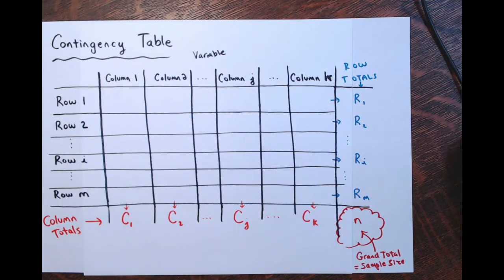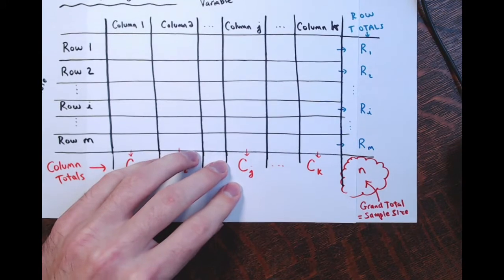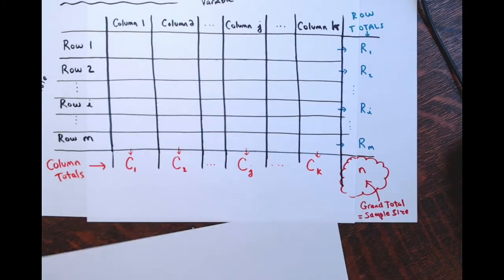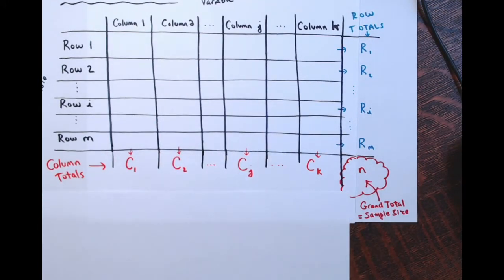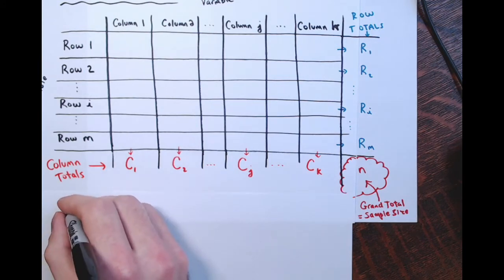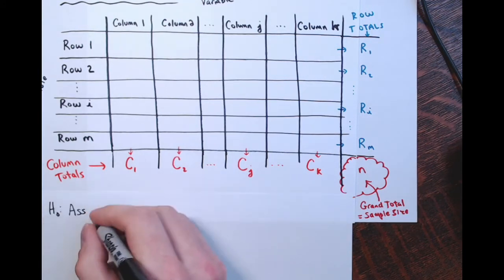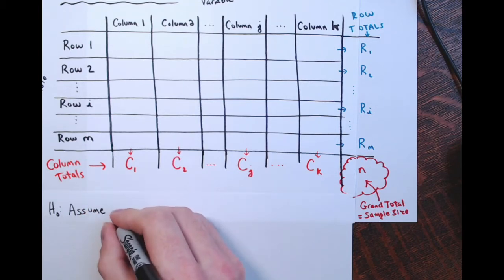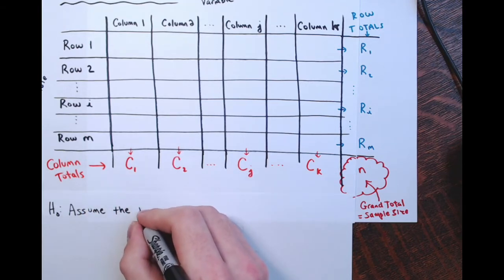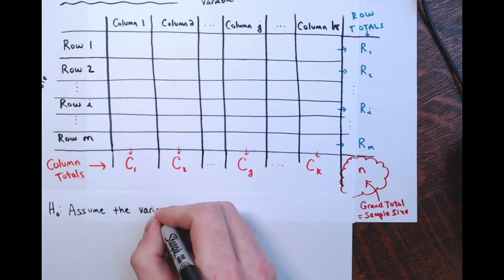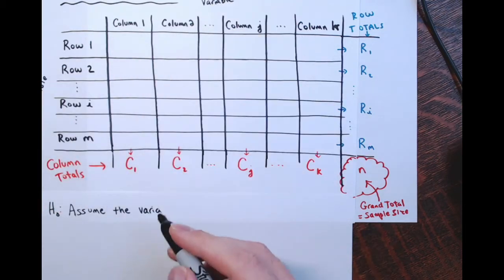Alright, so what we're going to be doing is, in the null hypothesis for these tests, we're going to be assuming the two variables are independent, this row variable and this column variable.